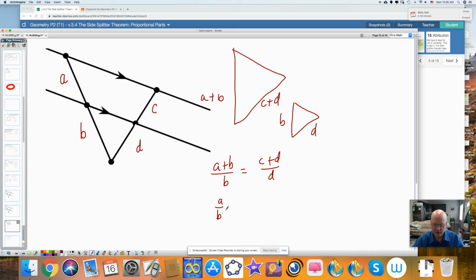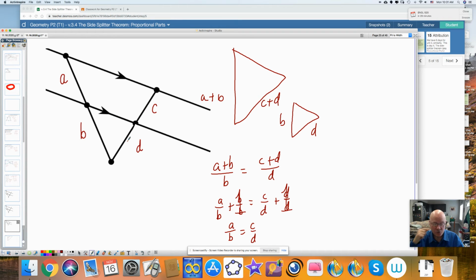A over B plus B over B is equal to C over D plus D over D. Now this is a 1 and this is a 1. If I subtract 1 from both sides, I get A is to B as C is to D.